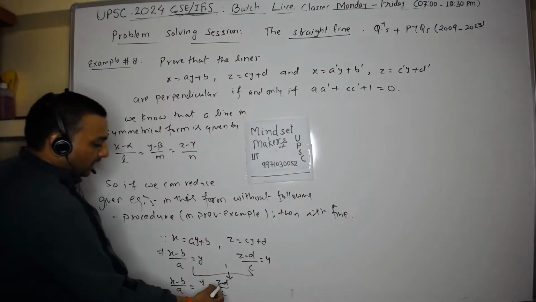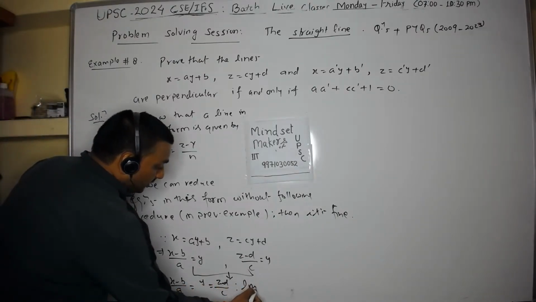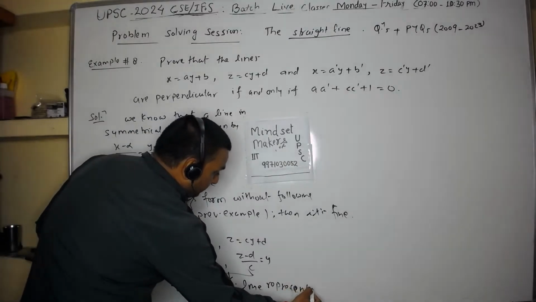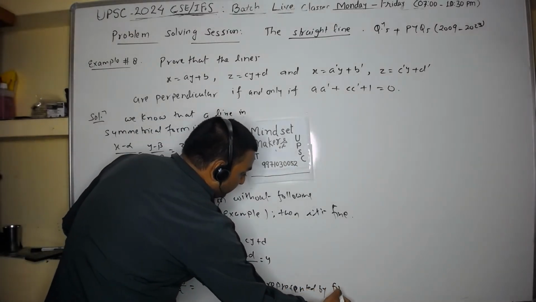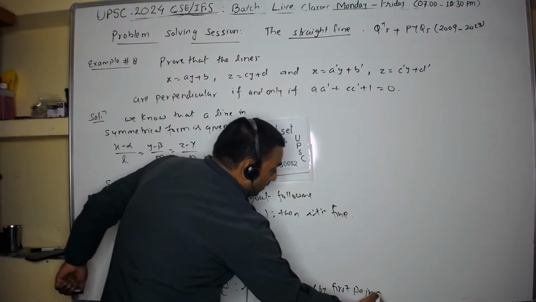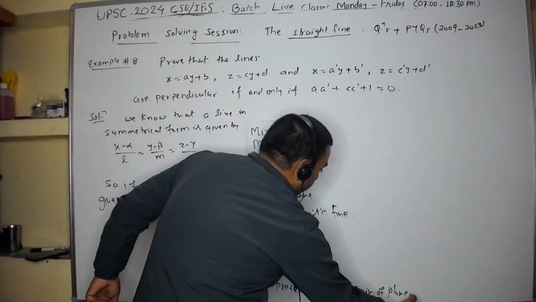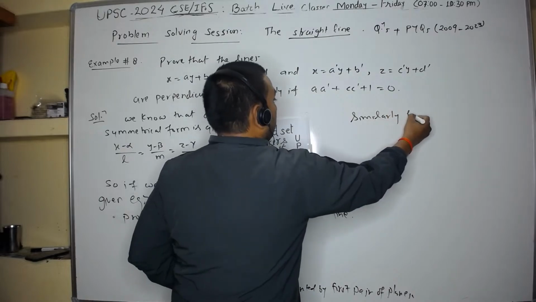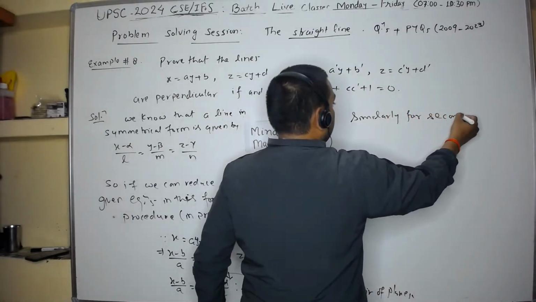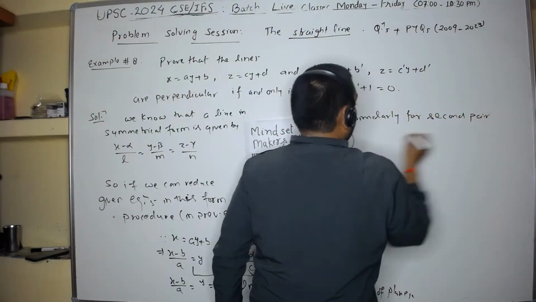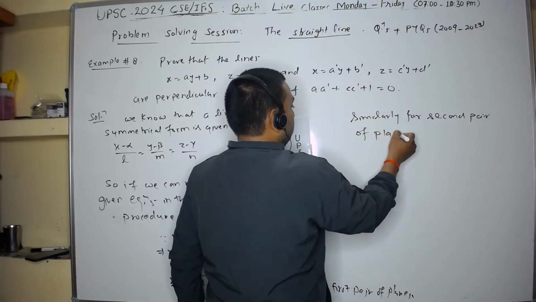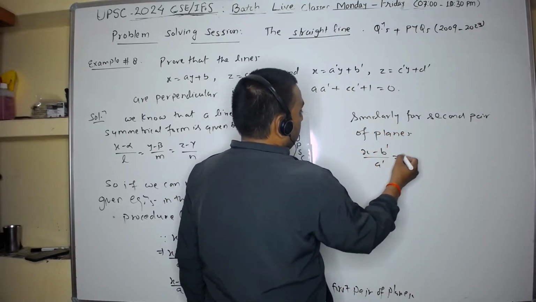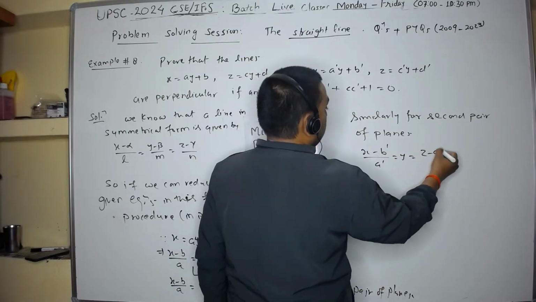So this is a line represented by the first pair of planes. Similarly, for the second pair of planes, what I can have is (x minus b dash) upon a dash equals y equals (z minus d dash) upon c dash.